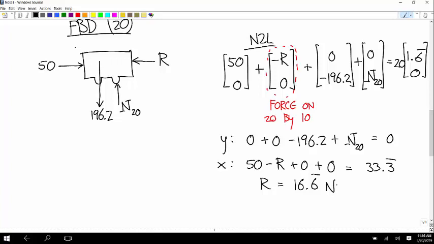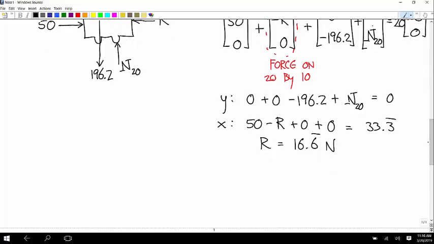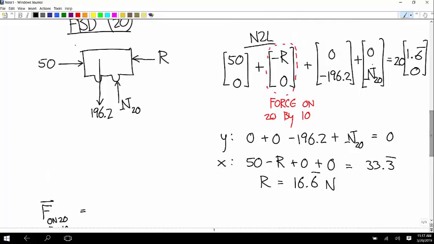And forces are vectors, so you want to give your final answer as a vector. So a force vector on the 20 by the 10, you could write it a few ways. As components, plug the 16.6 repeating into the vector as you defined it in Newton's second law. So negative 16.6 repeating, 0.